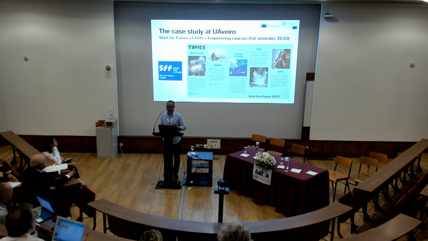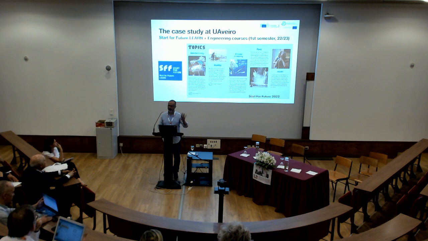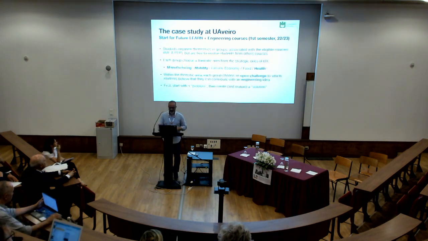So manufacturing, mobility, circular economy, food and health. As you all know, mechanical engineering covers all of this, and more. So we are very lucky to have this program with us and our students. But particularly our students were more engaged in the areas of manufacturing, mobility, health for this edition.